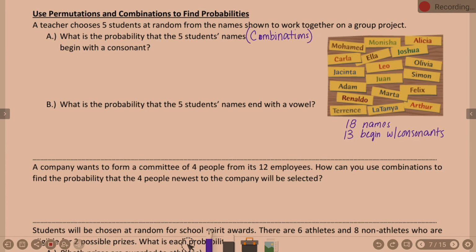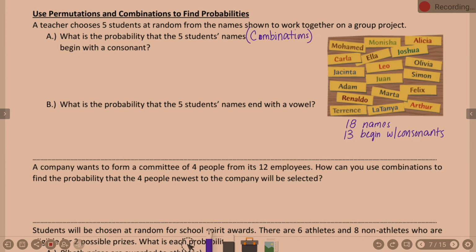The question is, what is the probability that 5 students' names begin with a consonant? Okay? When we look at how many combinations there are, out of all the names, we would be picking from 18, yes?